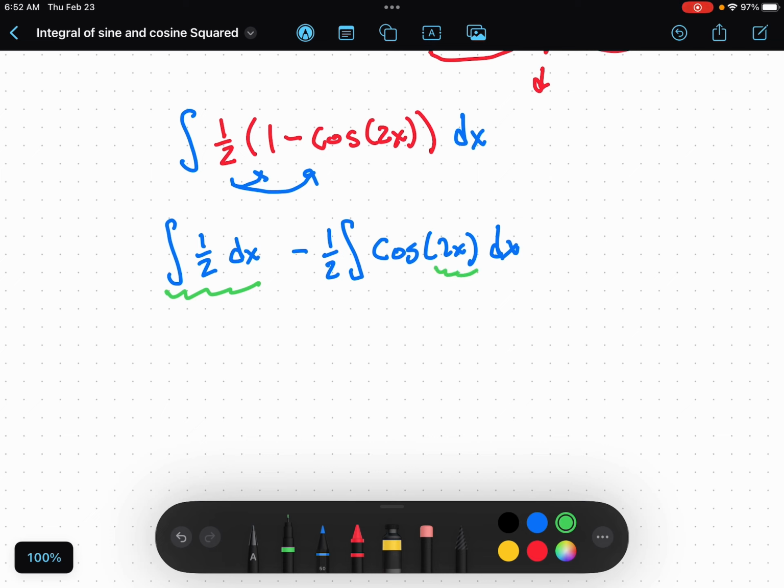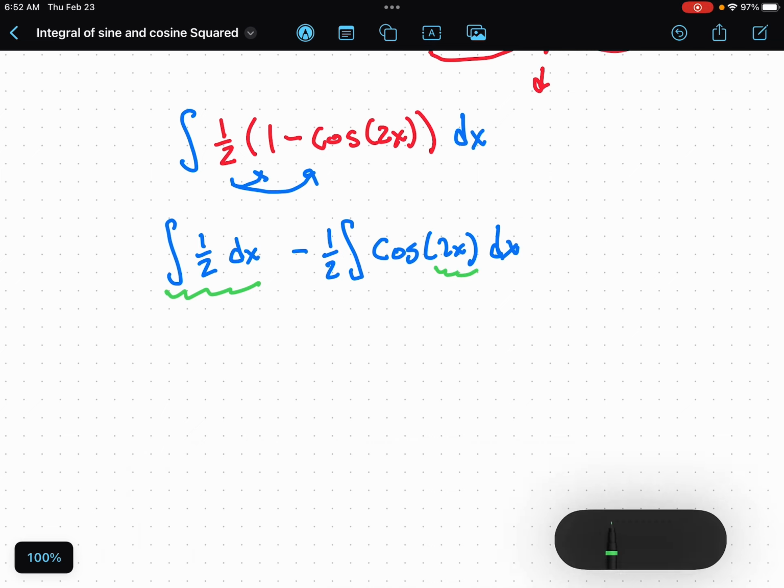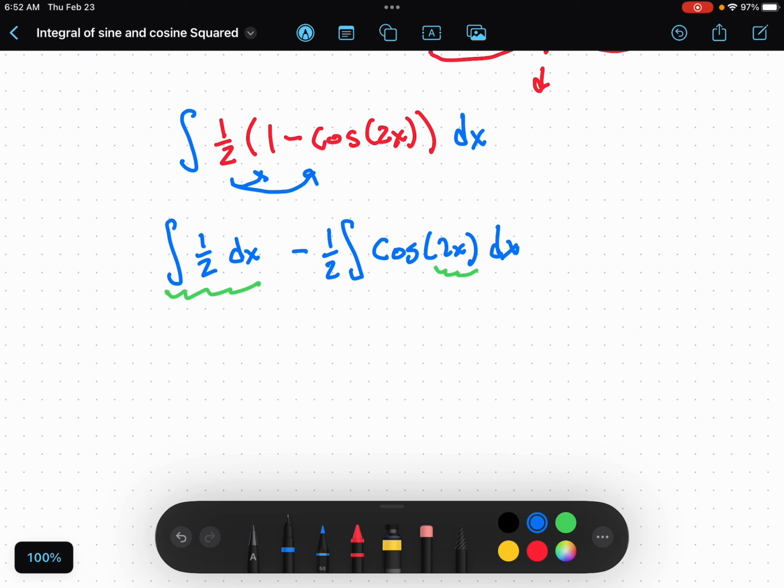We've got a 2x plugged into a cosine, and so to do that one, we're going to need some u substitution. So let's do this in two steps. I'm going to knock out the first indefinite integral right now. This is x over 2, right? 1/2 x. And then I still have to deal with this one here, and we'll deal with that one using u substitution.